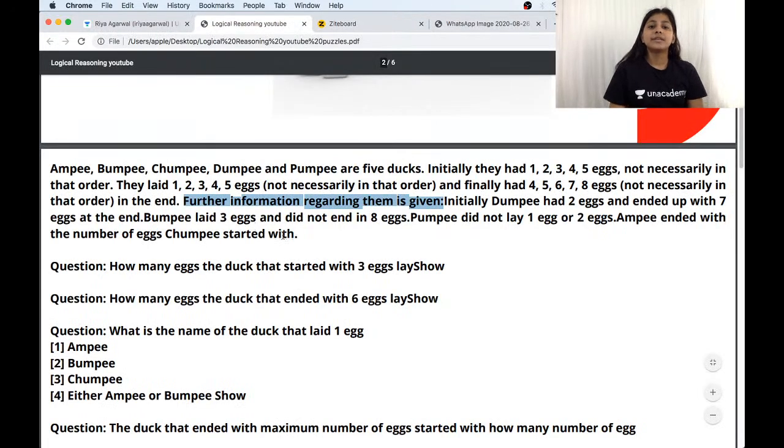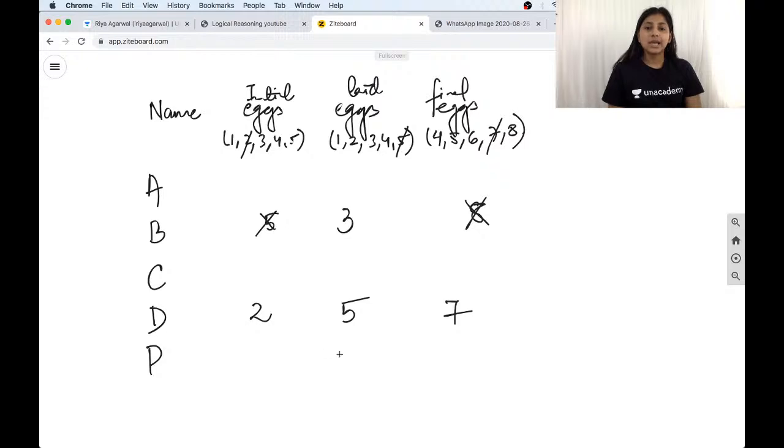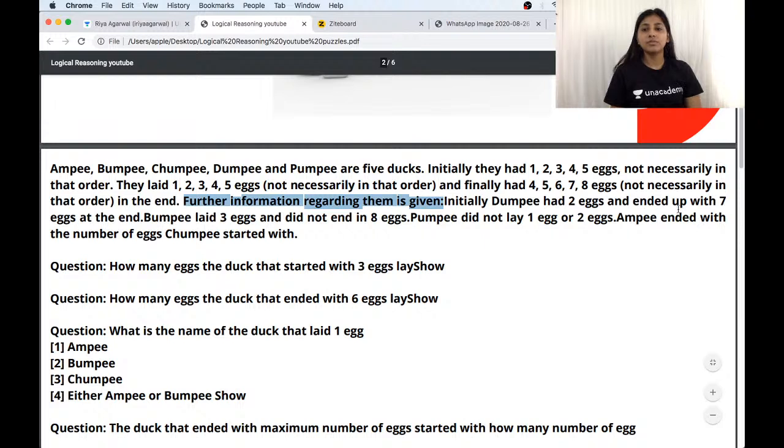Next, Bumpy did not lay 1 or 2 eggs. See, if it is not 1 or 2, it has to be 4 because 3 and 5 are already placed. So you can directly put 4 here.